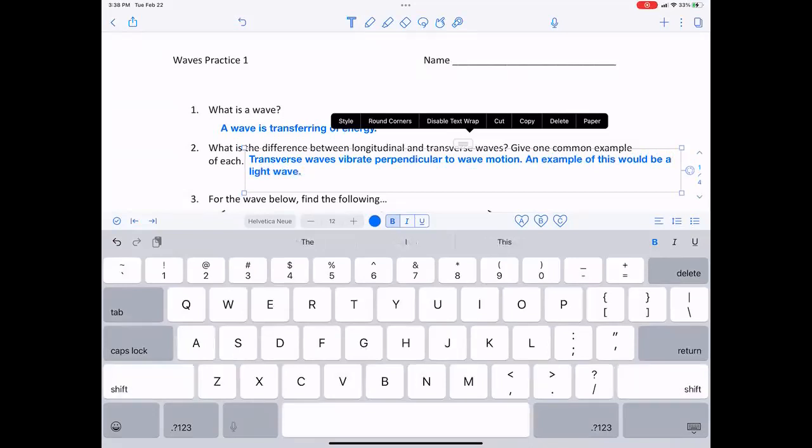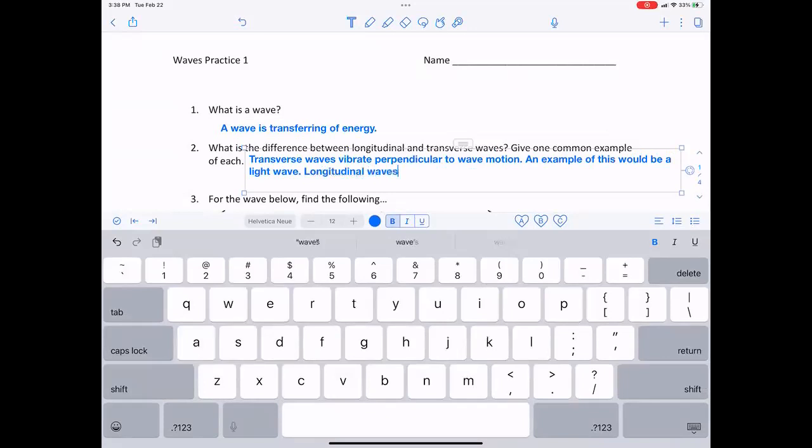Light is transverse. Okay. By contrast, longitudinal waves vibrate parallel to wave motion. A sound wave is an example of this.